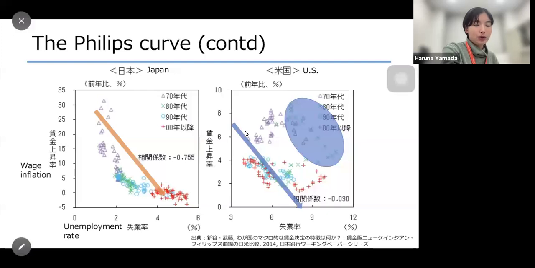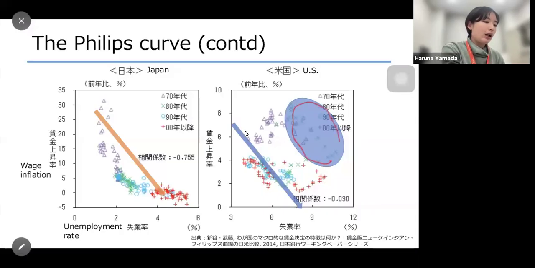in the 1970s. And also in 1980, the second oil shock occurred. Therefore, inflation goes up and also unemployment goes up. So around the 1970s and around the 1980s, wage inflation is also high and unemployment rate is also high.